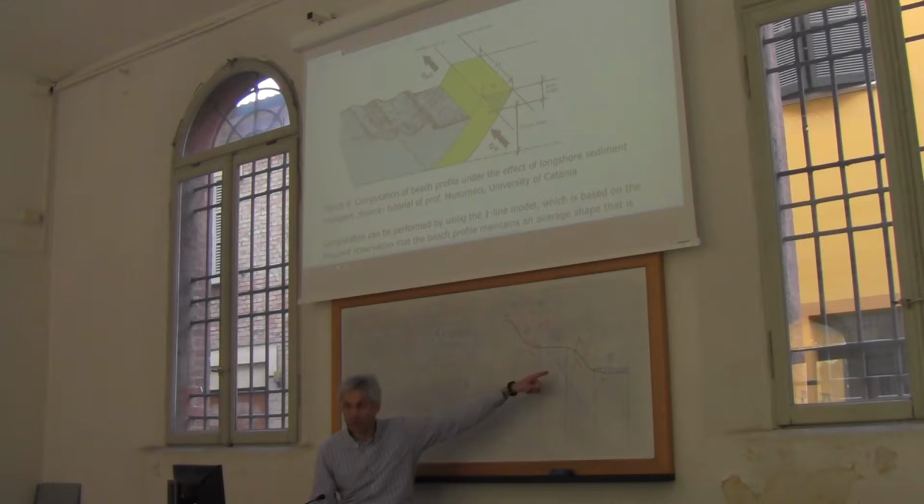Also, you can put in replenishment here, because if you see that here you have erosion, you can decide to make every year a replenishment or nourishment of sand, and then you suddenly put into the model an input of sand, and you see what happens. And you can study what changes are suggested to the beach profile in order to get the best result.